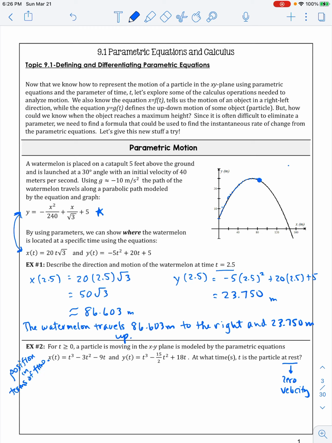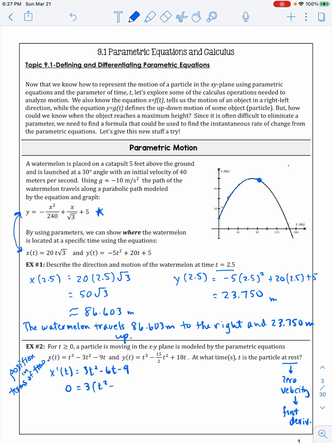If I want to know when my velocity is 0, I'm going to take the first derivative of my position equations. So x prime of t is going to be 3t squared minus 6t minus 9. If I want to know when it has 0 velocity, I'm going to set this equal to 0.